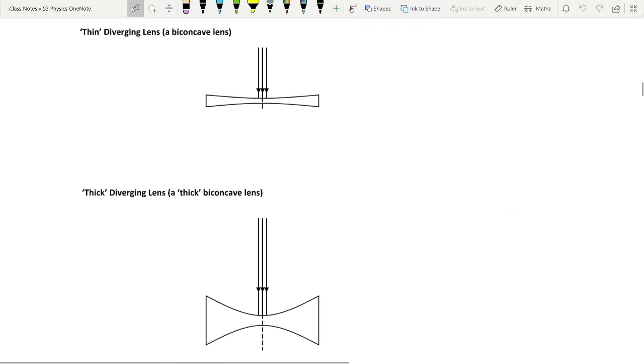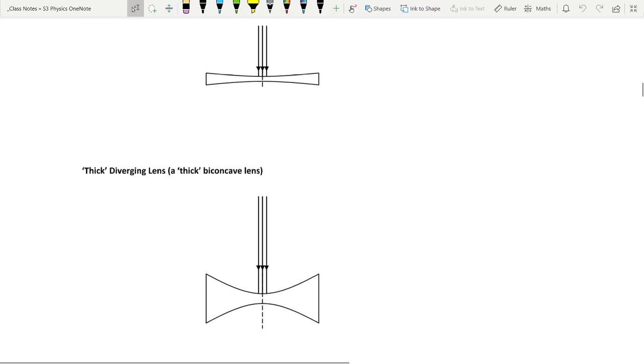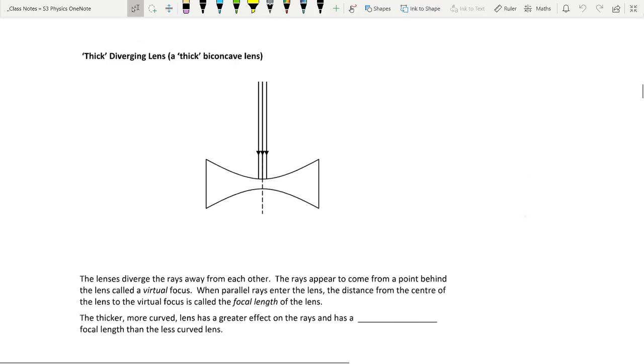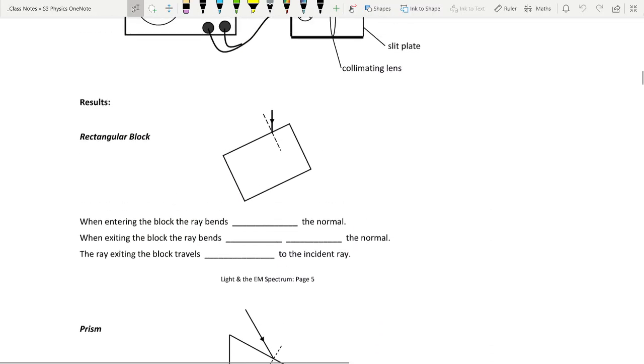And then you have only got one diverging lens, so one lens that's shaped like that. Don't worry if you can't find the other one, it's not in your kit. You should only have one diverging lens. You see that some of these have the three rays and some of them have one ray. So just follow the instructions on your desk.